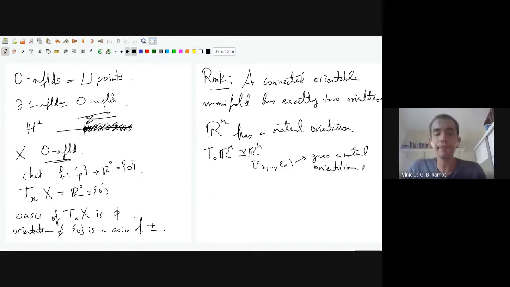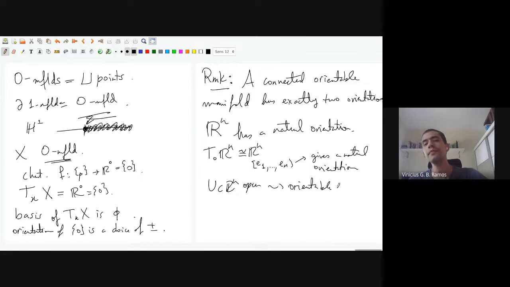And of course, if you take any open subset of Rn, then it is going to be an orientable manifold. But apart from this, we don't actually know what else to do.